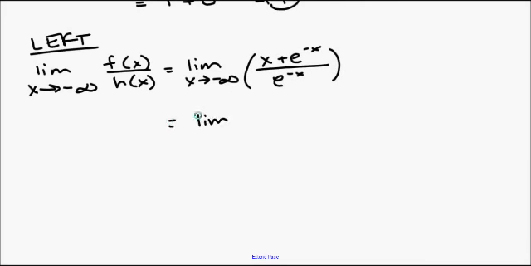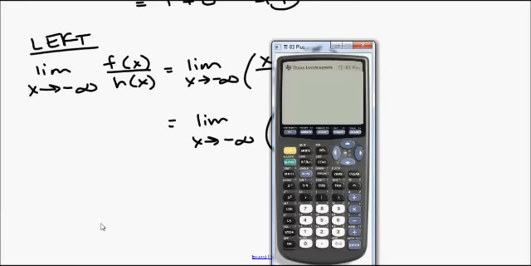And if we break it down, we have x divided by e to the negative x plus 1. I'm hoping that this is a 0, but let's look at the graph to confirm.